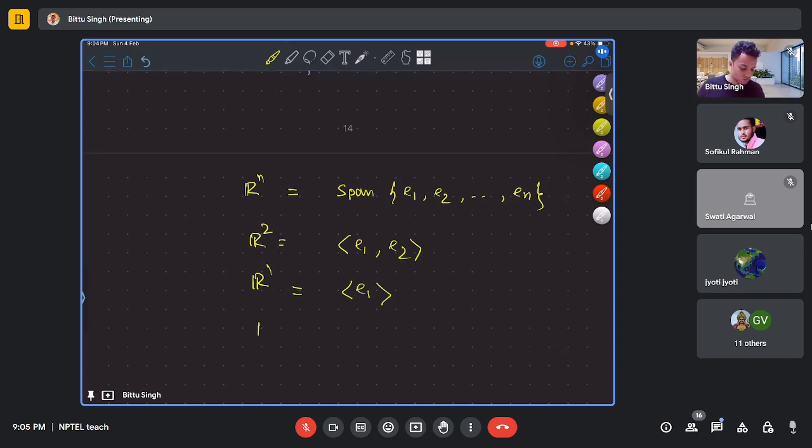But now, what will be the basis for R0? R0 consists only of 0. Instead of 3-space, you are seeing the plane only; instead of the plane, a straight line; instead of a straight line, now only the point, the origin. What will span the origin? 0 cannot span the origin.